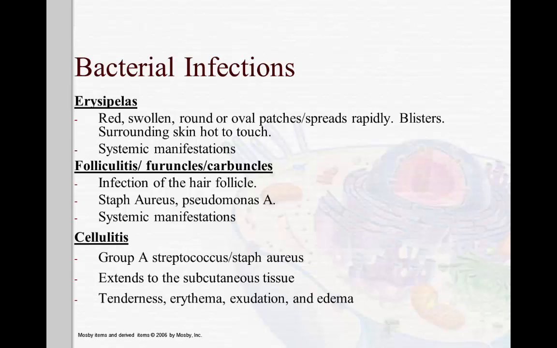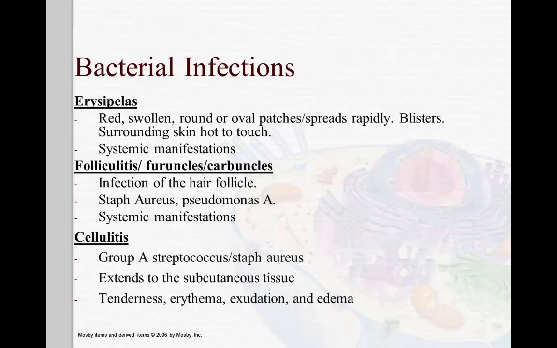Patients would have the skin red, swollen, with patches that spread rapidly, and also would have systemic manifestations of infectious processes such as fever, warm erythema, leukocytosis, chills, etc. If we talk about cellulitis to compare, again, this is a deeper form of acute bacterial infection of the skin and subcutaneous tissue that is also caused by streptococci or staphylococci.